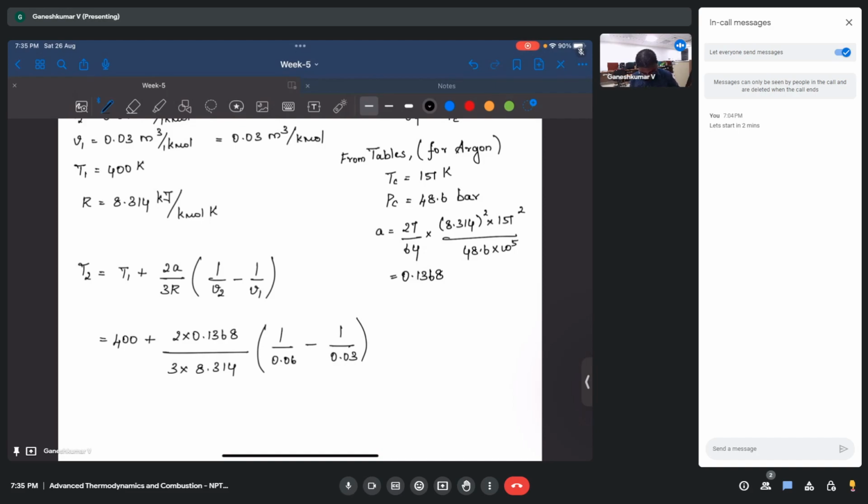Let's find out this also. So it is going to be into 2 divided by 3 divided by 8.314, into 1 divided by 0.06 minus 1 divided by 0.03. We calculate again.